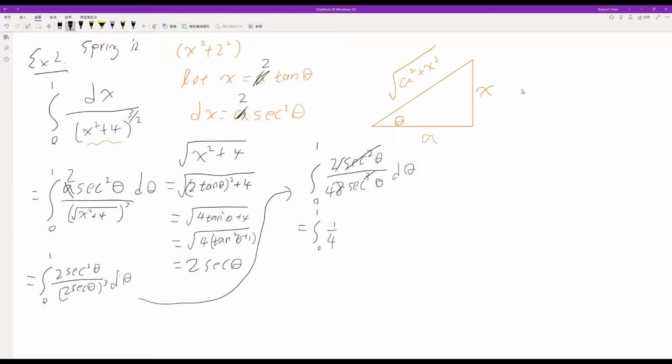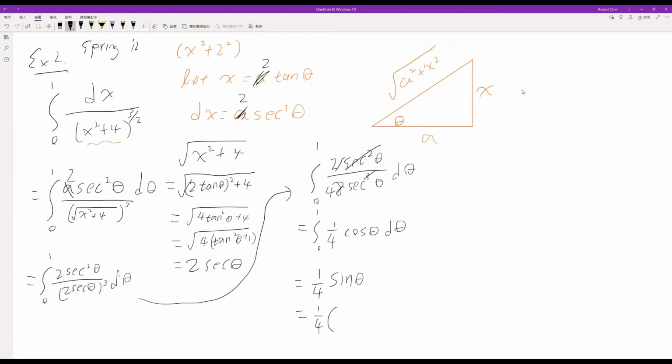1/4 and 1 over secant. That's just cosine theta. And after we integrate it, we get 1/4 sine theta, where x goes from 0 to 1, right? But we want to convert that back into x before we can evaluate 0 to 1, right?